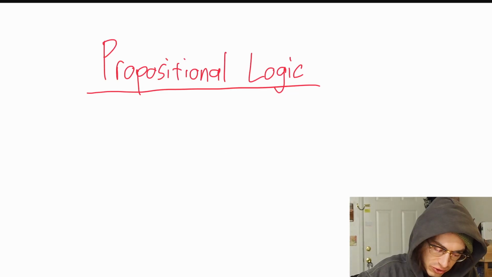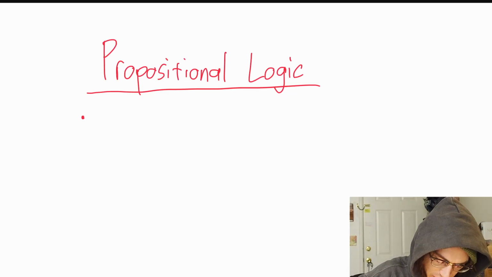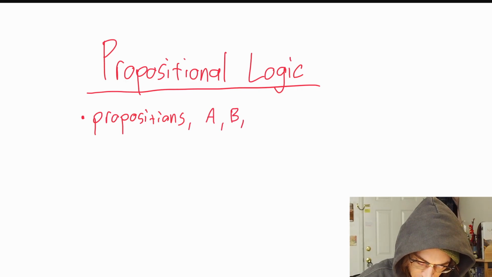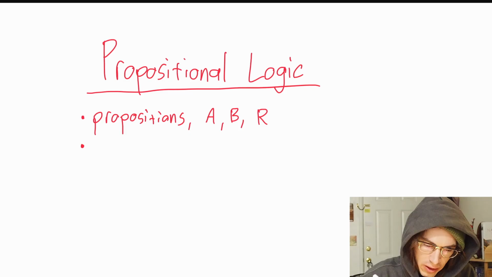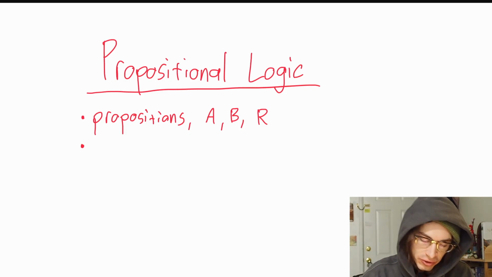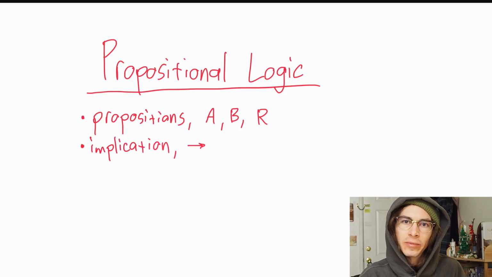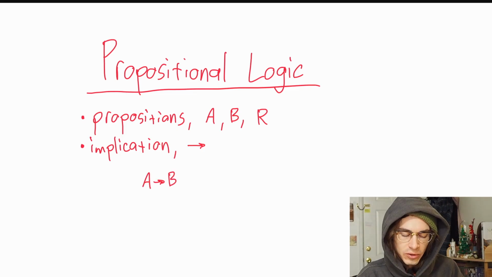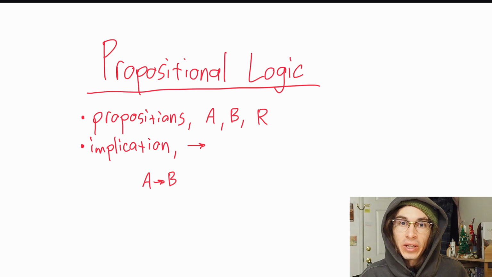So in propositional logic, we have propositions that we represent with letters like A, B, whatever, R, and we have implication, which we represent with an arrow. It's really just if, then. So we could have something like this. We have two propositions and an implication between them.